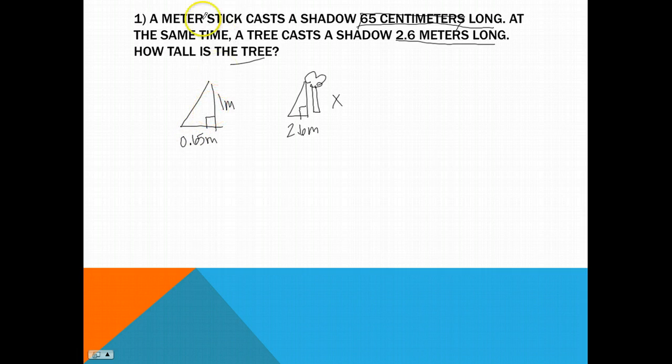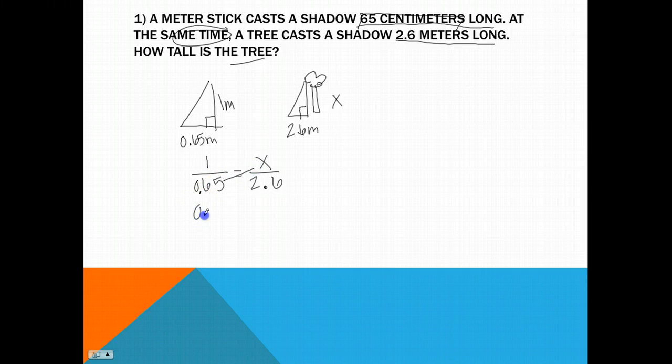So we have similar triangles since we have at the same time. So we can set up a few different proportionalities. So we can do 1 over 0.65 equals the height of the tree over 2.6. Keep in mind both of the heights of our objects are in the numerators, the lengths of their shadows in the denominator.